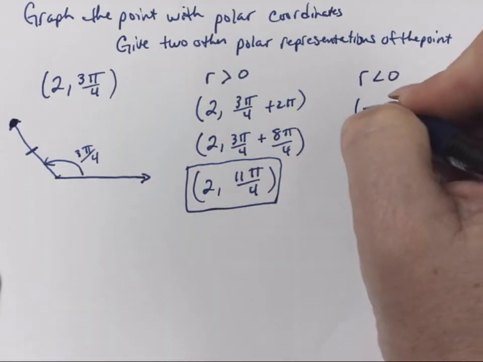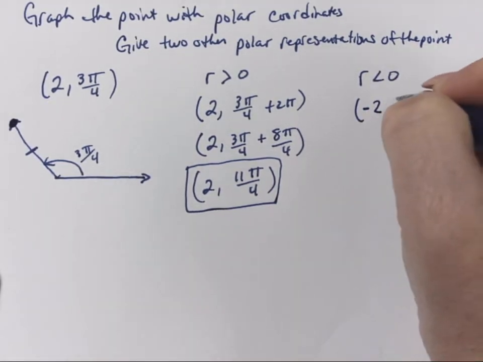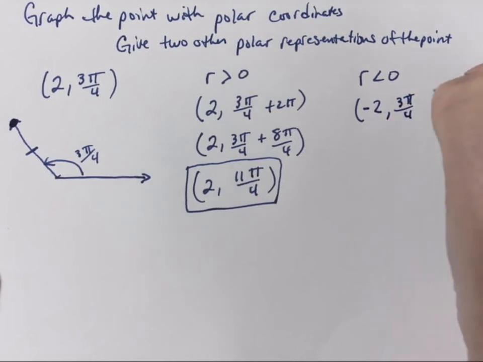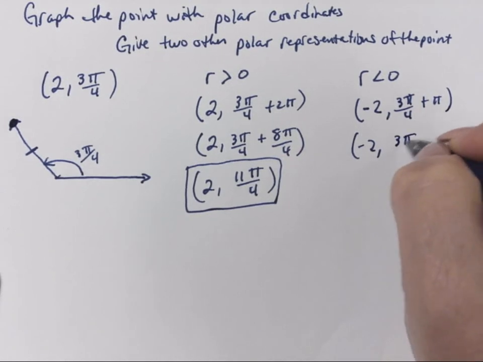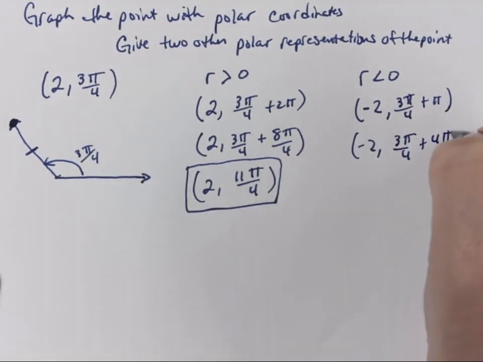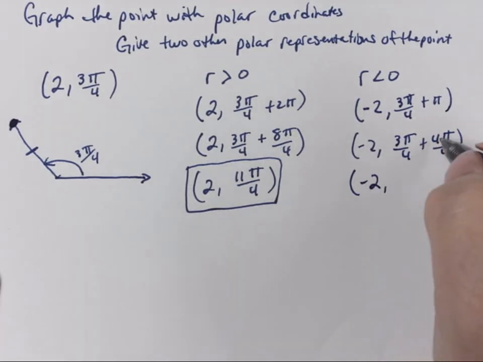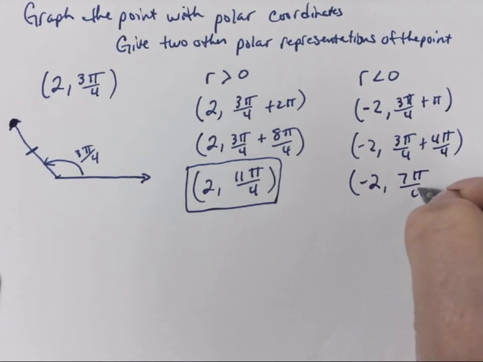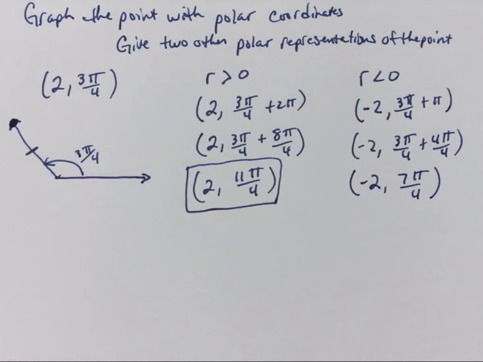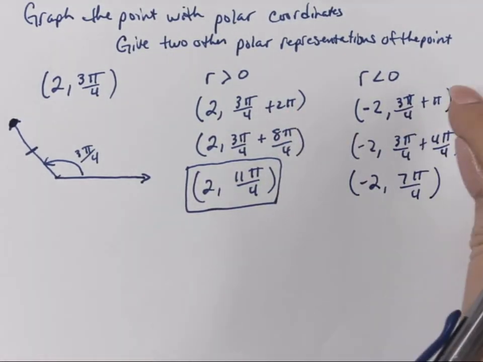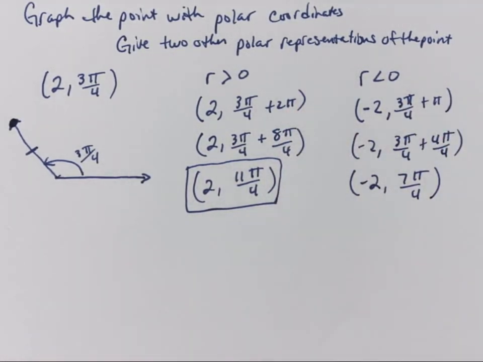So we'd end up with negative 2 and then 3 pi over 4 plus pi. So negative 2, 3 pi over 4 plus 4 pi over 4, 3 plus 4 will get us 7 pi over 4. Now you can also subtract 2 pi. You could subtract pi to get your answers.